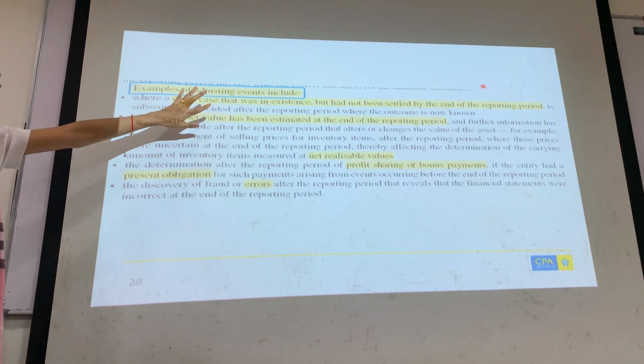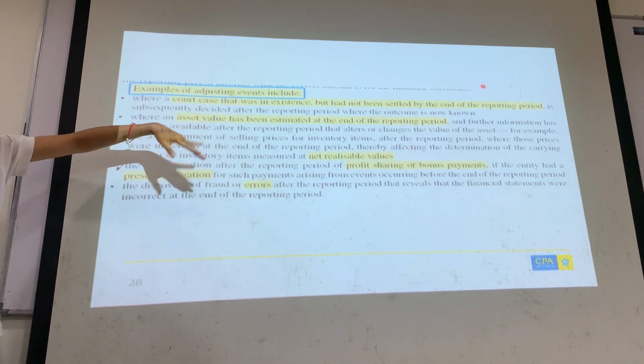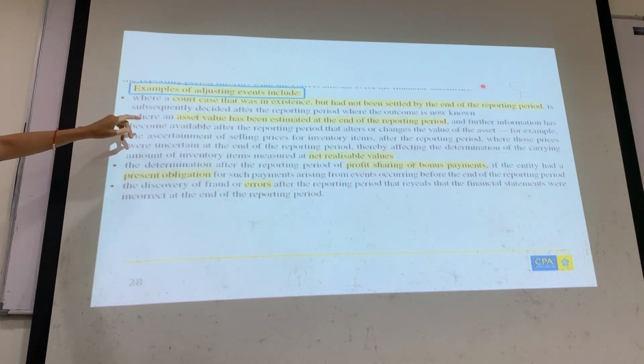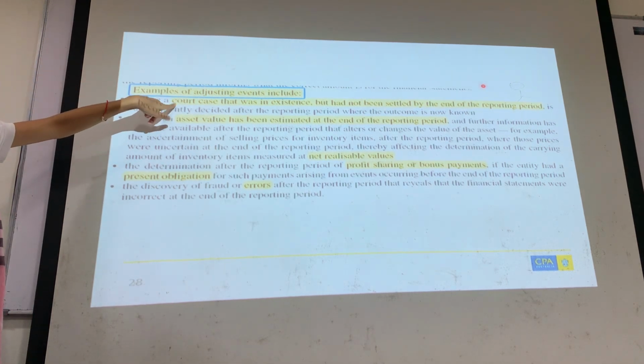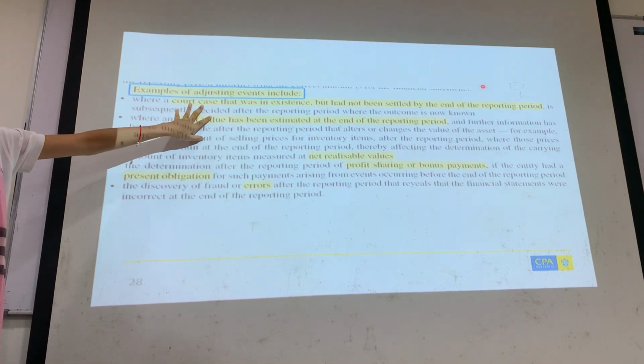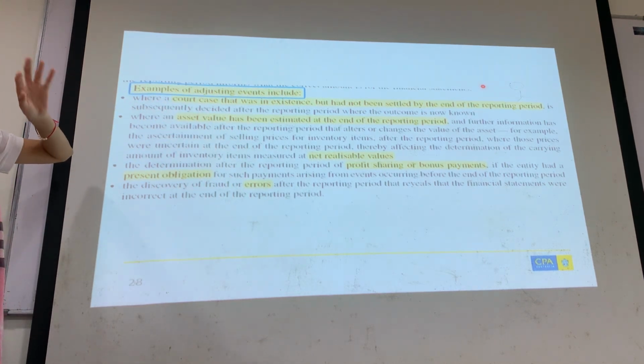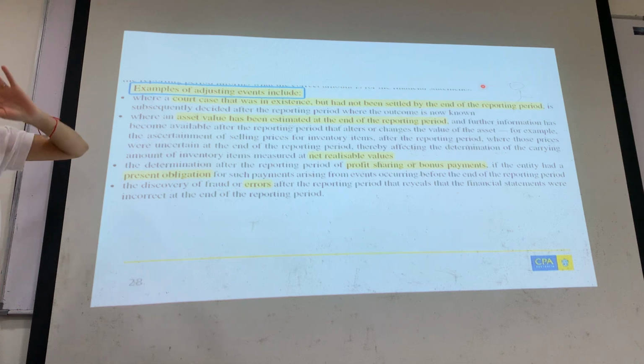Now adjusting events, right? These are some popular examples. You don't memorize like, oh, court case, not adjusting event. Then what is adjusting event? No, now you have to understand it. Court case, it depends when does it happen. If the court case happened in August, the customer sued you in August, your financial year is June, not adjusting event.